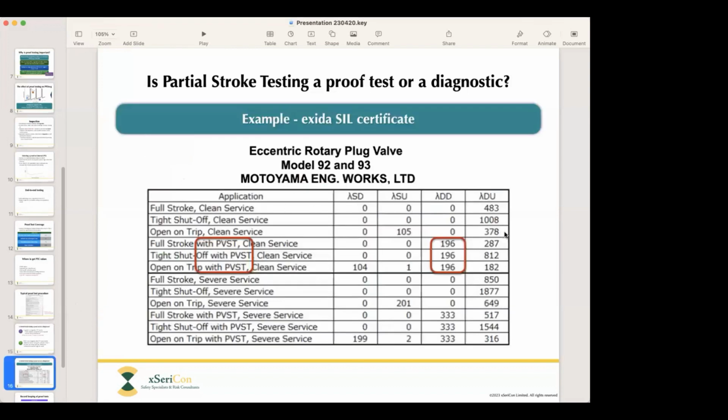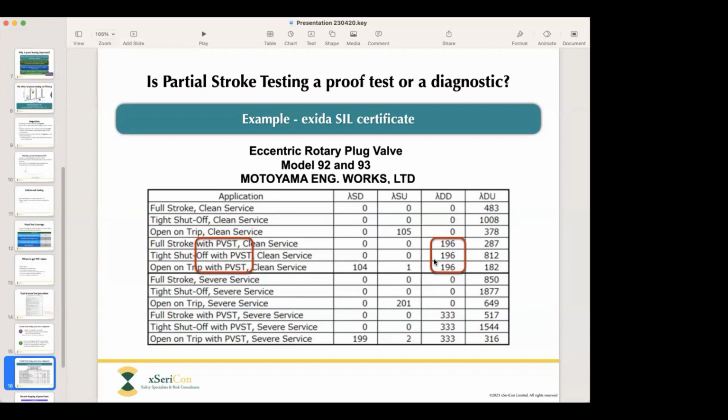Here's an example of a little extract from a SIL certificate produced by Exeter. You can see that it contains 12 rows of failure rates in total. The first 3 rows are for without partial stroke testing, and then the next 3 rows are with partial stroke testing.